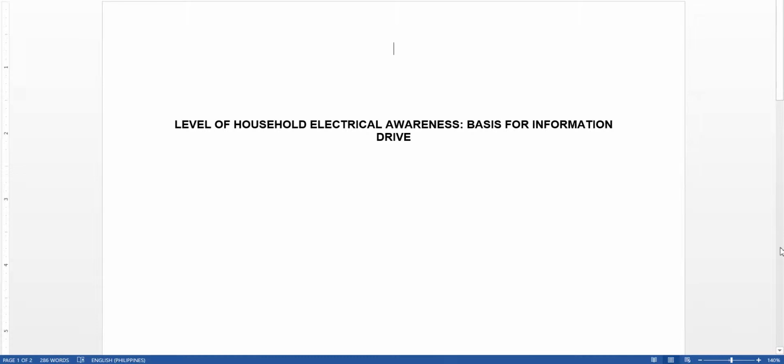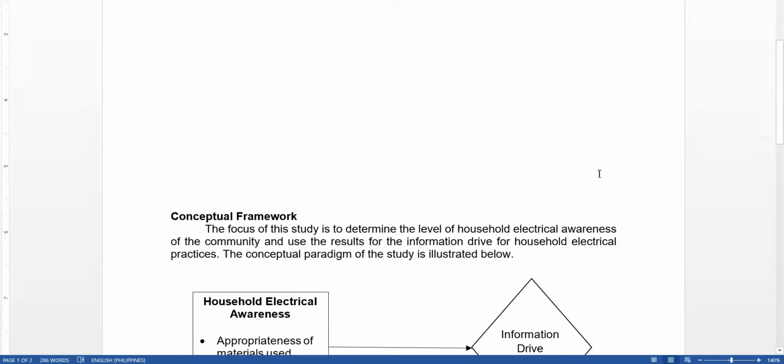We only have independent variable. Now, this title is an example for a research in EIM or electrical installation and maintenance. So let's have the conceptual framework.